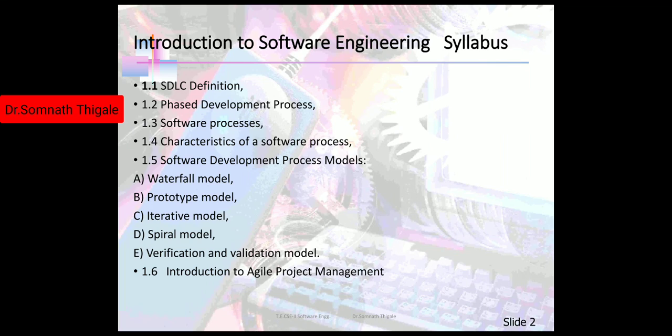Now what is software? We cannot see it with our bare eyes, it is intangible. We call it software. So what makes a difference between software and hardware, if we compare, is that hardware can be touched, software cannot be. This is the point.